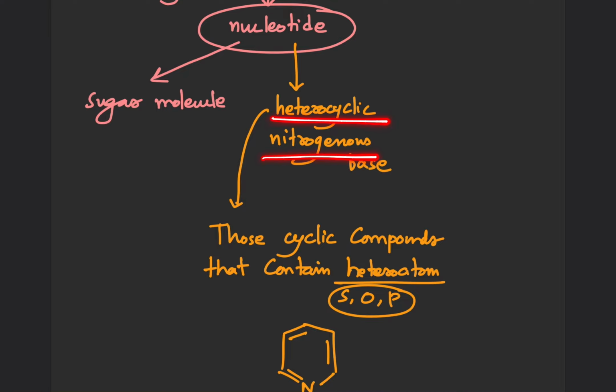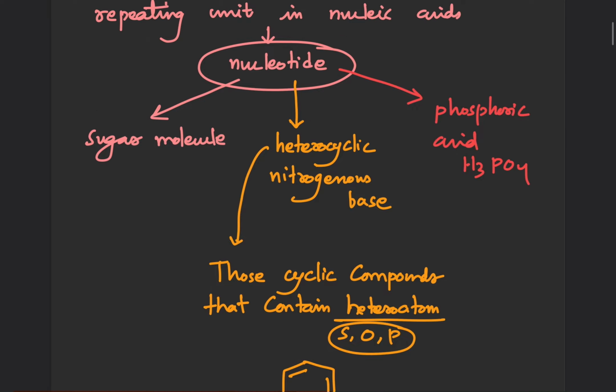That means in these heterocyclic compounds we will have nitrogen in the ring. And the third constituent of a nucleotide is phosphoric acid, which is H3PO4. So these are the three things that make a nucleotide.